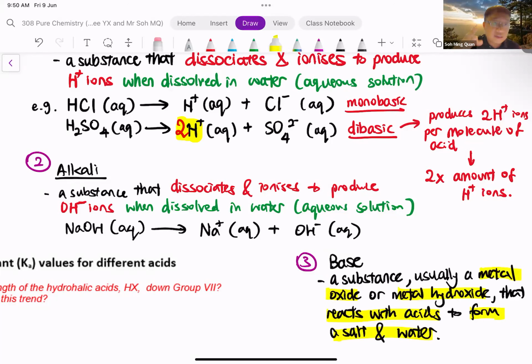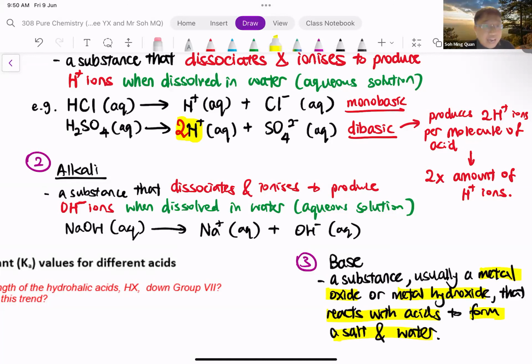The definition of a base is more generic, a bigger general category. It's just basically a metal oxide or metal hydroxide which reacts with acids to produce a salt and water.